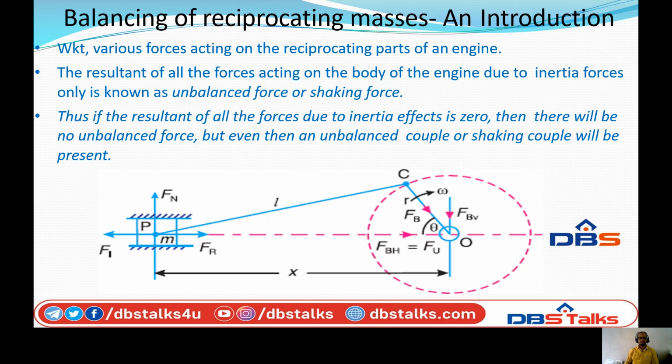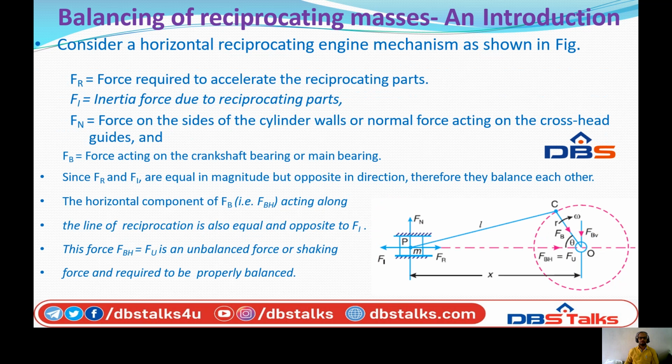Mainly, in the balancing of reciprocating masses, the various inertia forces are to be balanced. For that, we are considering a horizontal reciprocating engine mechanism. The figure shows the line diagram, where Fr is the force required to accelerate the reciprocating parts, Fi is the inertia force due to the reciprocating parts, Fn is the force on the sides of the cylinder walls or normal force acting on the crosshead guides, and Fb is the force acting on the crankshaft bearing or main bearing.